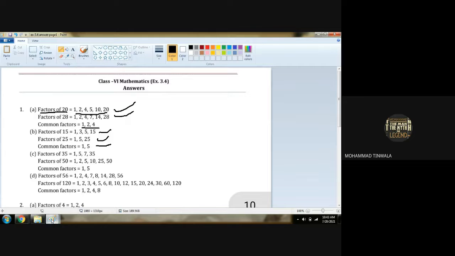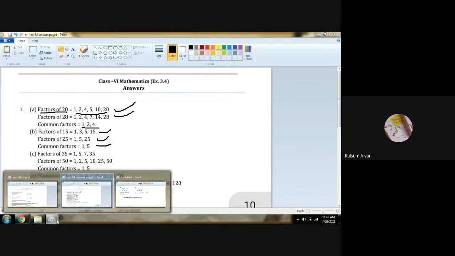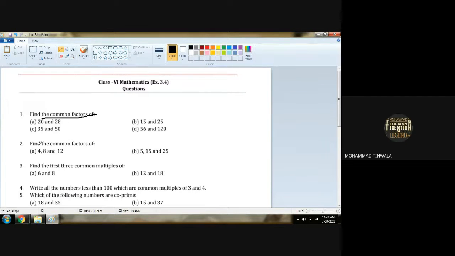Chalo, question number 2. Can I read, sir? Find the common factors of 8, 4 and 8 and 12.